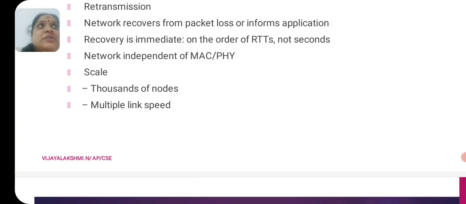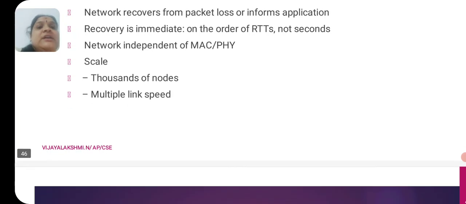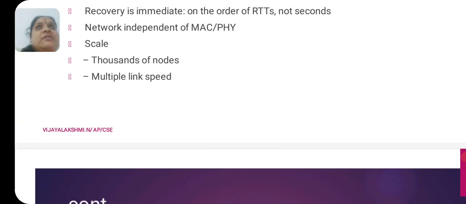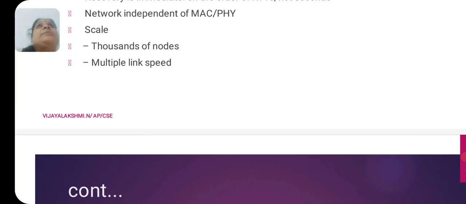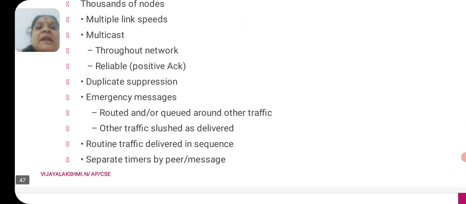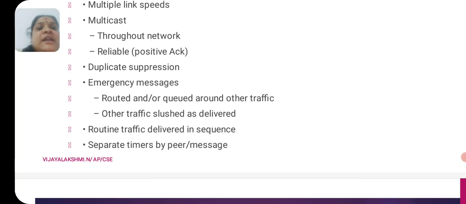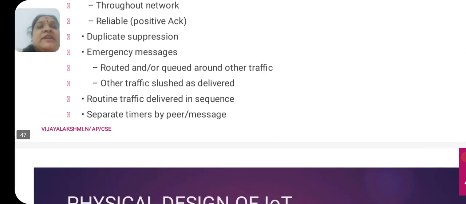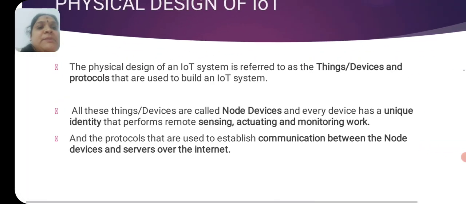Within a second, it should resend the data, and it should be independent of the MAC or physical layer. Scale: if it is thousands of nodes, multiple link speeds should be there, and multicast is needed. Emergency messages should be acknowledged, and routine traffic delivered in sequence. Timers should be followed per message.